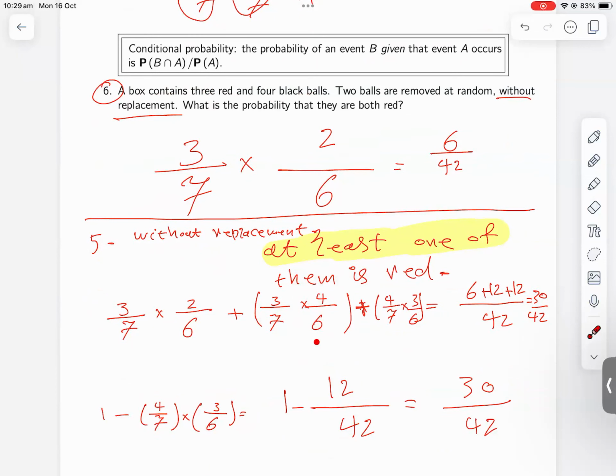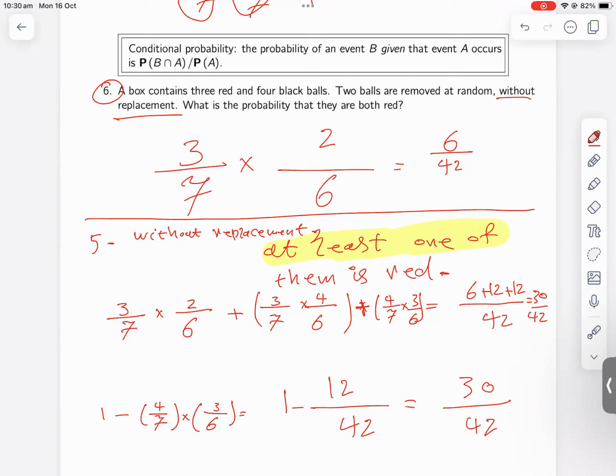And 3/7 for the first red here, and 2/6 for the second red. Here 3/7 is the first one red and second one black, 4/6, and here first one is black and second one is red.